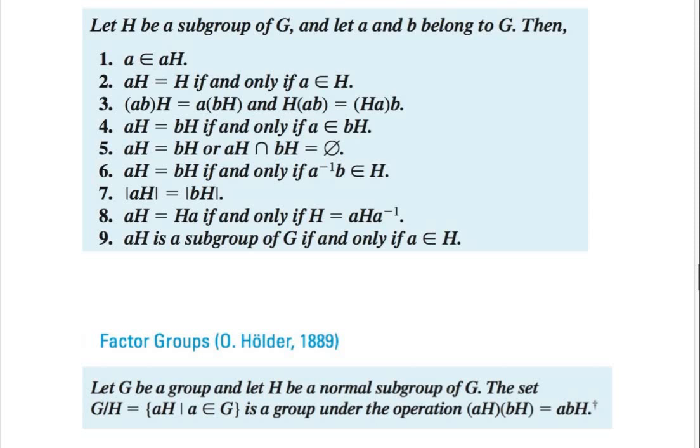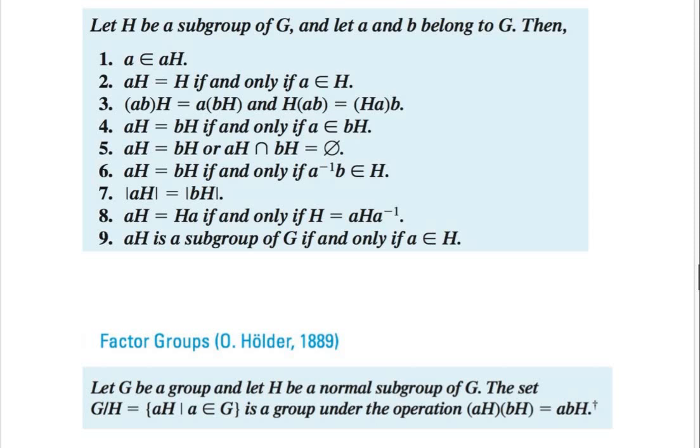Number 3, it kind of looks like an associative property type thing, right? But if you took 2 elements and you looked at their product, said, okay, well, that product is in this coset, then you look at the coset formed with one of those factors, and then take that coset and multiply it by this other element, you're going to wind up again in the same spot, okay?